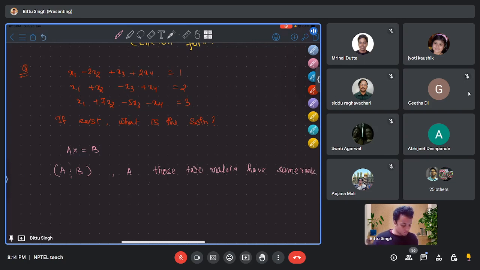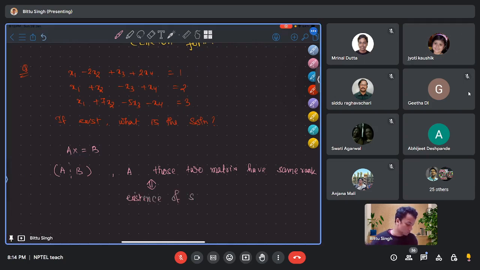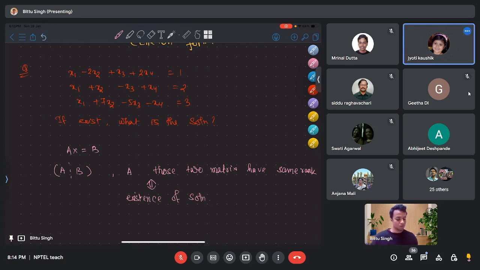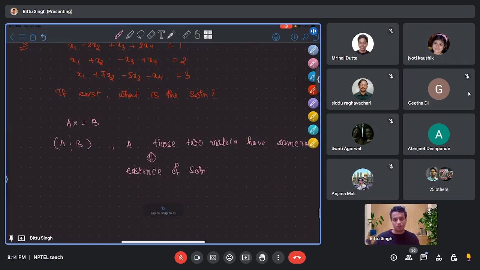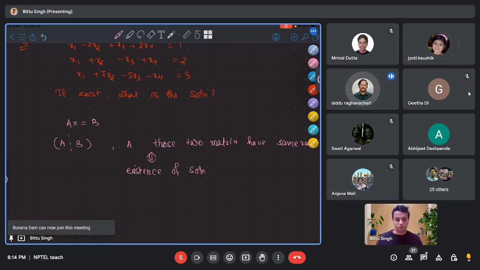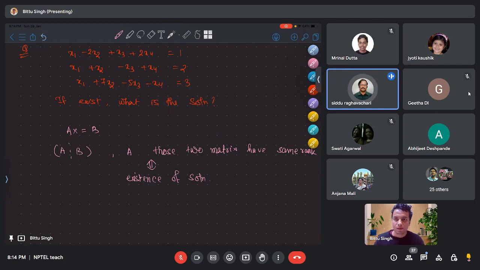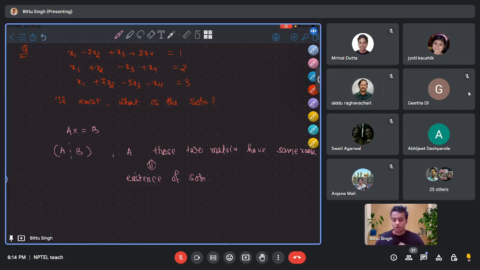This is the condition for existence of solution. If a solution exists, then there will be infinite solutions. How can you say that a solution does not exist? The rank of A is not equal to the rank of the augmented matrix. Yes, it is true.